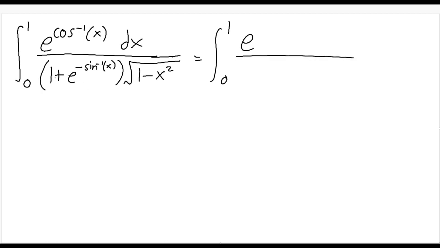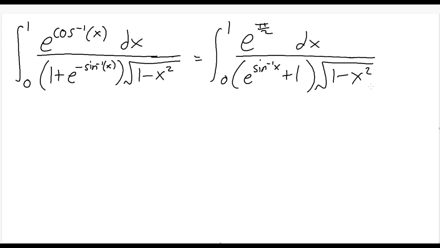Oh, yes, actually, this is good, because you might already see this. If we multiply by e to the inverse sine, we get e to the inverse sine here, and then this is plus 1. But what about here? We're multiplying by e to the inverse sine of x, so that's plus inverse sine of x here, and inverse cosine plus inverse sine is pi over 2. Awesome! So now this is a u substitution with inverse sine.